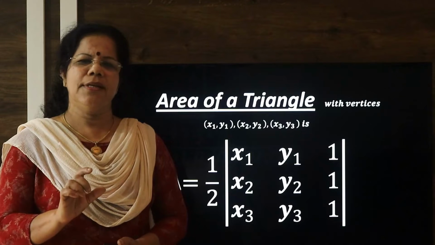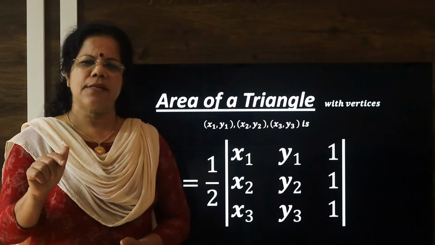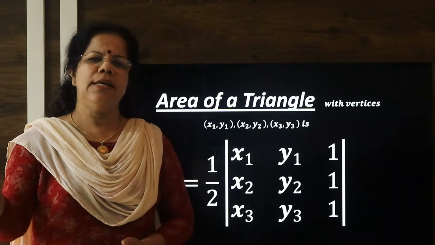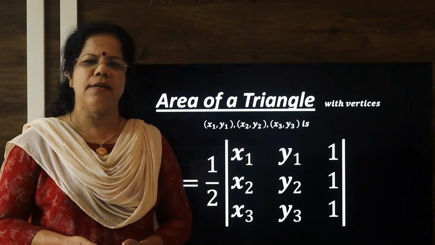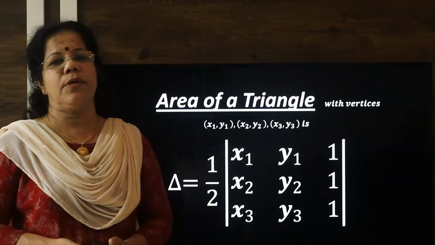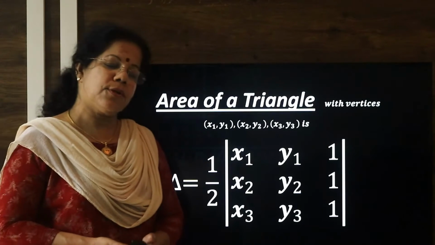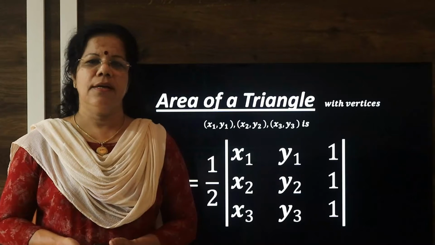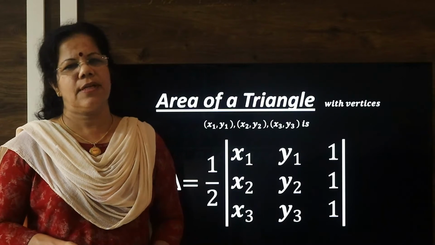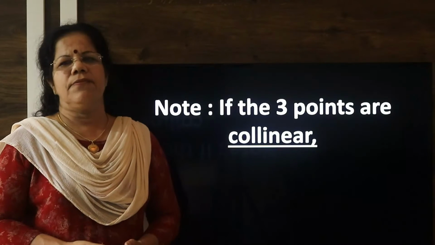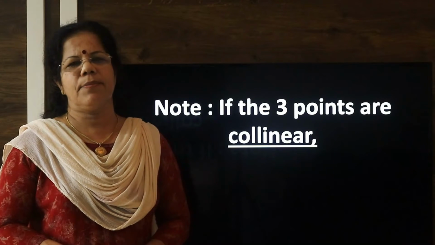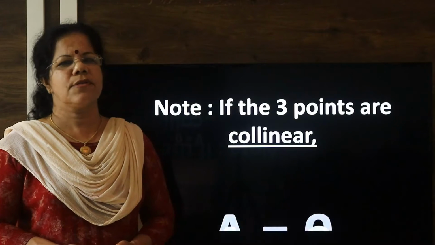That means if the 3 points are collinear, there will not be any triangle. So that concept can be used. Show that the 3 points are collinear: so the delta will be 0. That is one of the concepts. So if 3 points are collinear, delta is equal to 0.